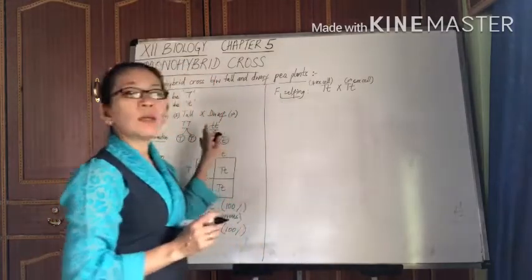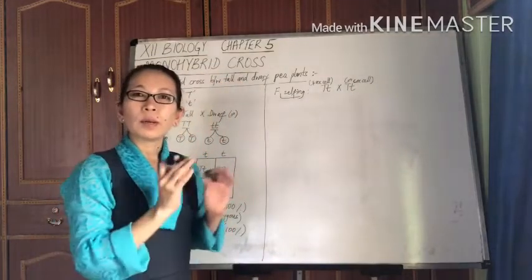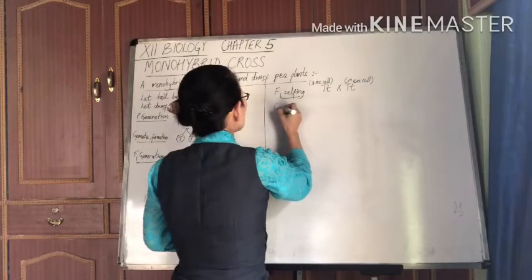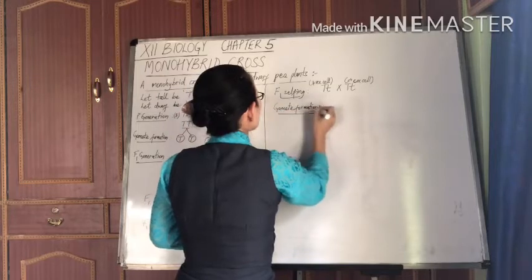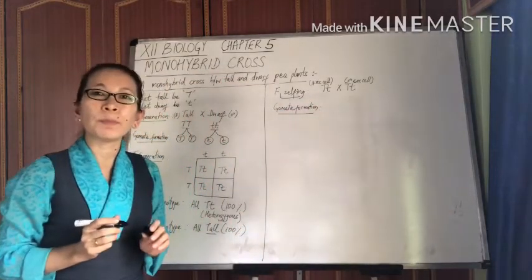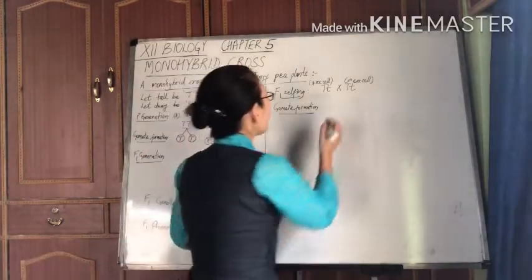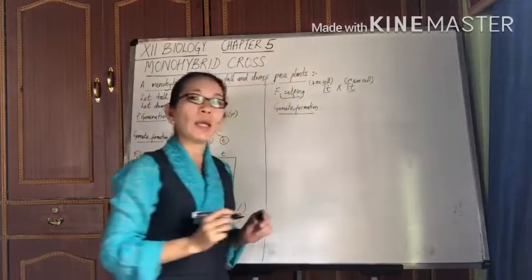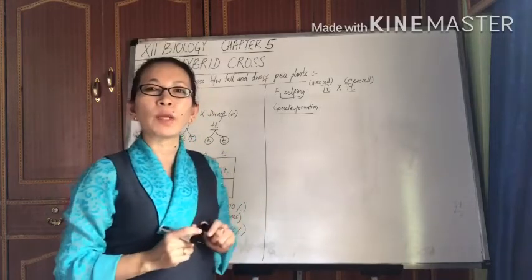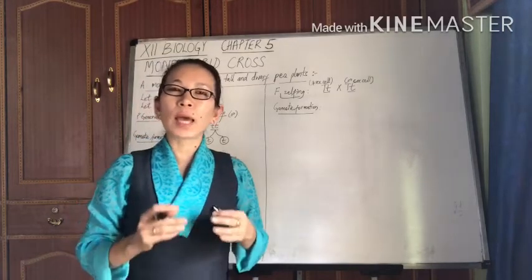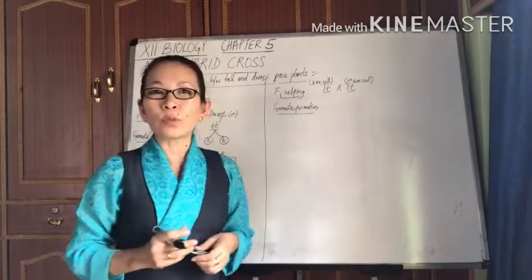And now again we will follow the same format. From the parental cells, we expect the formation of gametes. So we will show the gamete formation step, and again we apply the law of segregation here, which means the pair of factors present in each of these parental sex cells segregate from each other at the time of gamete formation, and each of the gametes, the egg and the male gamete, receives one of the two factors.